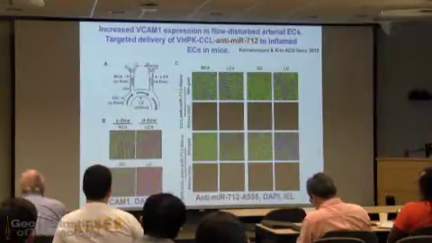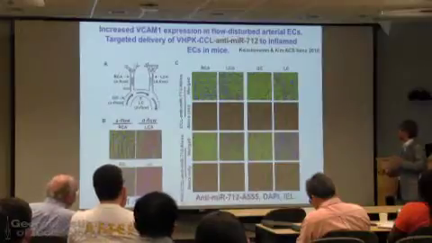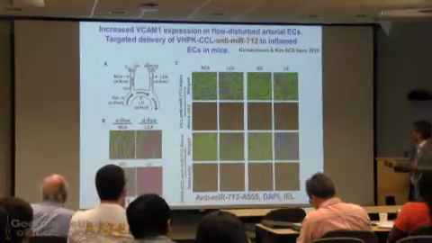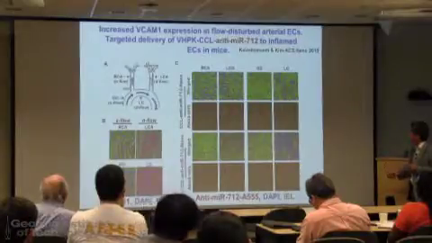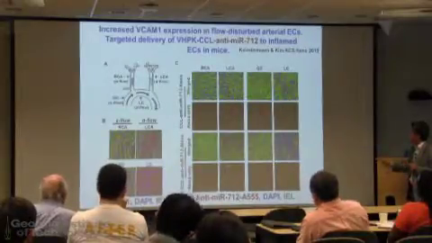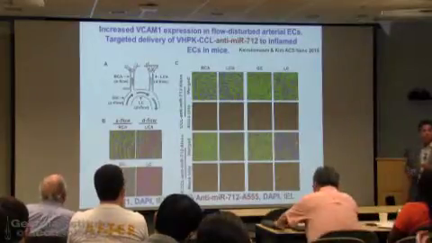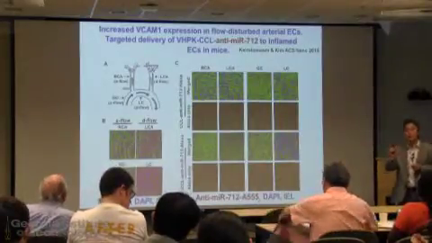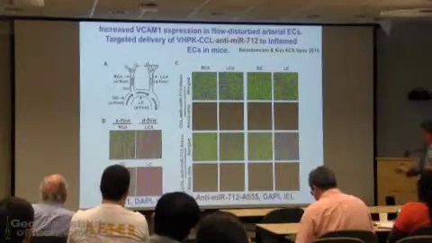So we know VCAM1 is expressed in flow-disturbed and pro-atherogenic regions, and if we inject microRNA-containing nanoparticle, it goes and binds only to the LCA area where flow is bad, or the lesser curvature area in the aortic arch, showing that our nanoparticle only goes to places where VCAM1 is high.